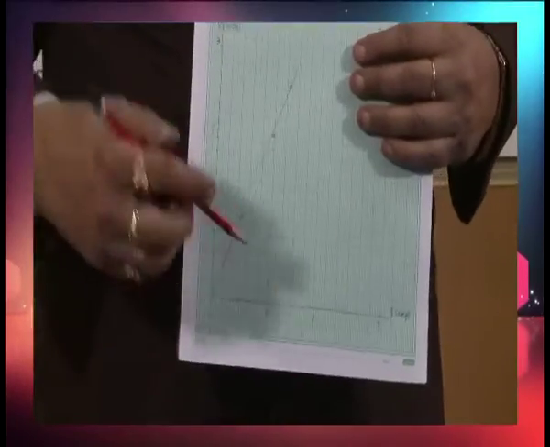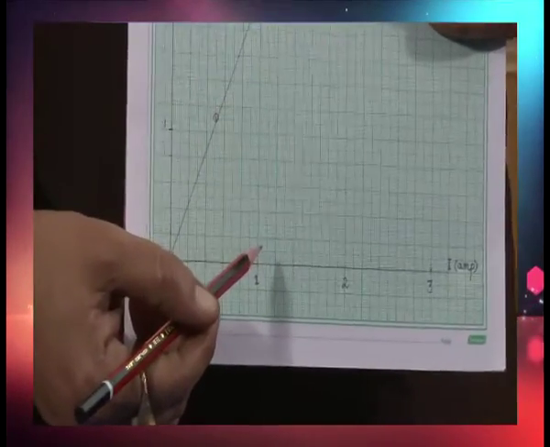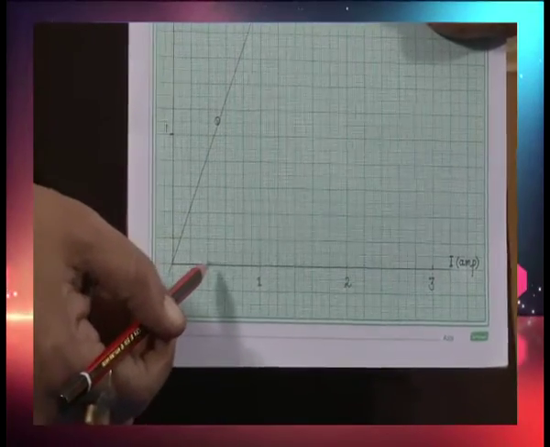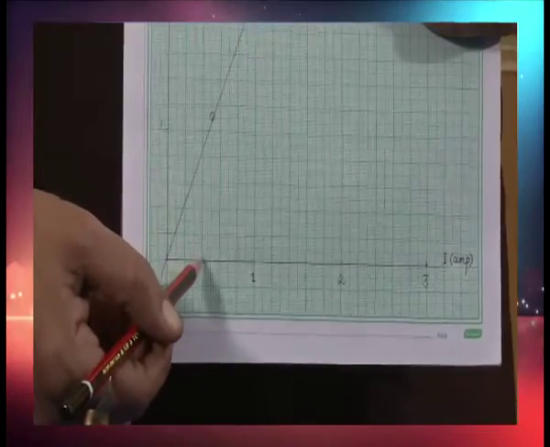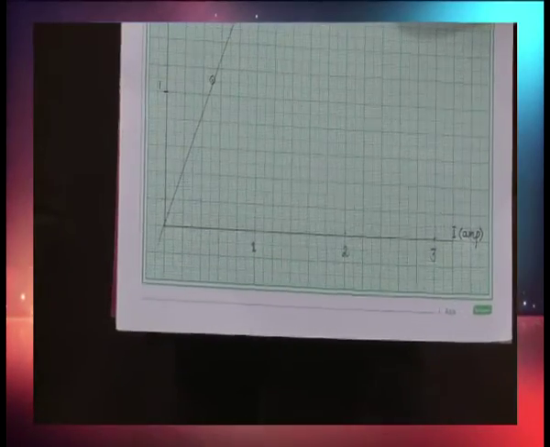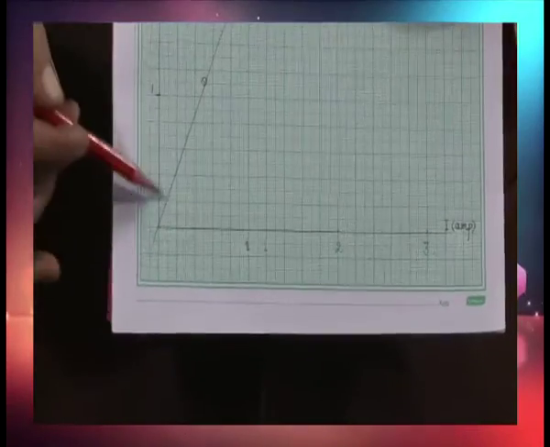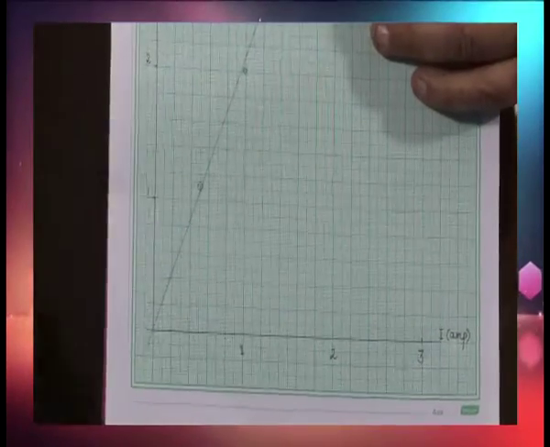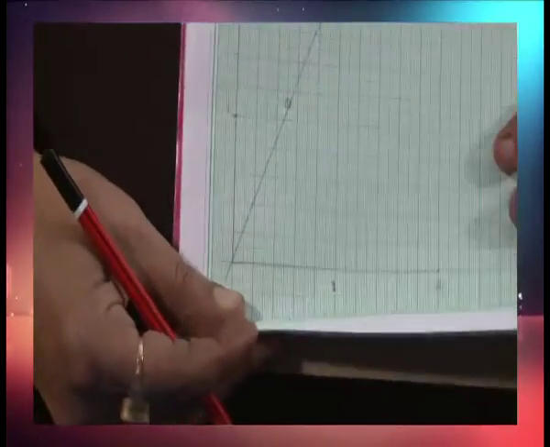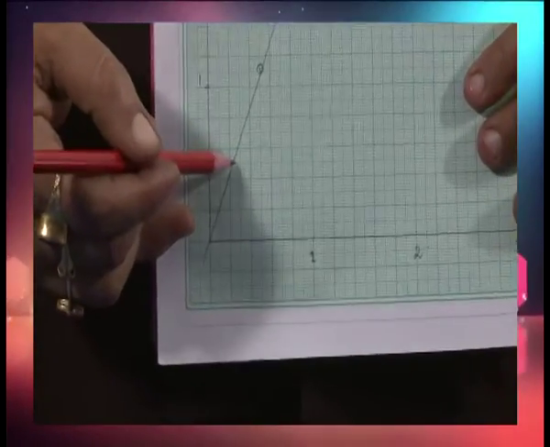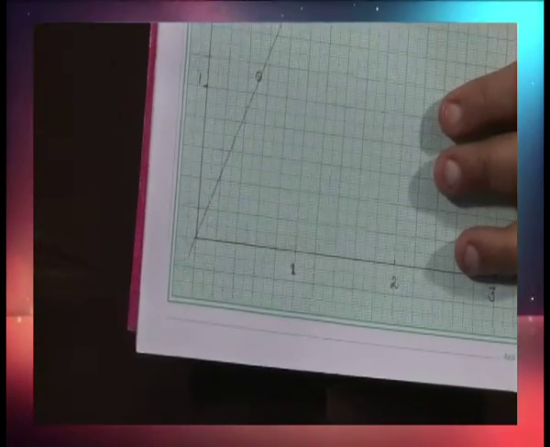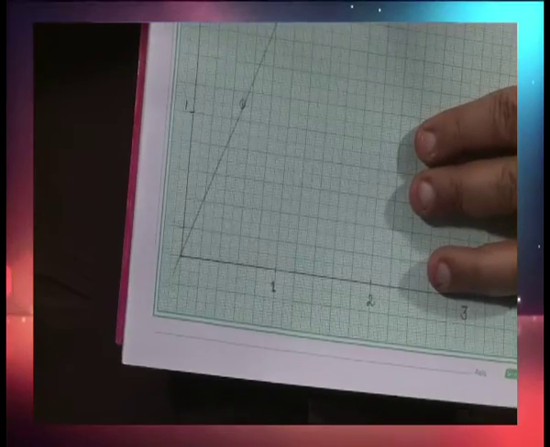Then we have to select the scale. So, see, this is a millimeter graph paper, and 5 centimeter is equal to 1 ampere, and similarly here 5 centimeter is equal to 1 volt. That means, each centimeter is equal to 1 by 5 ampere, 1 by 5 means 0.2 ampere.